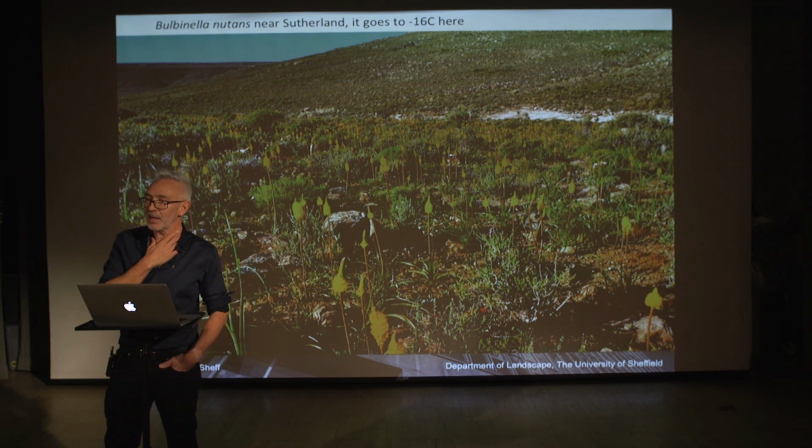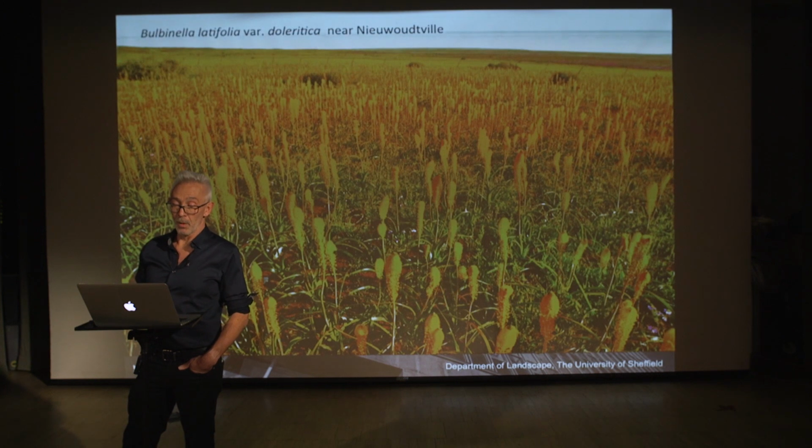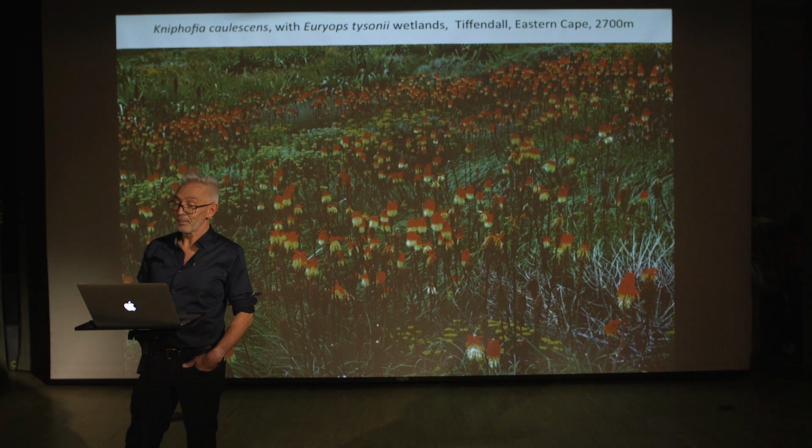There's a Met station, it's -16. That's centigrade. That's pretty damn cold. Or Bulbinella latifolia doloritica. So seeing these things, wow, what could I do with that? Or Niphophia caulescens in a bog in the Eastern Cape, at 2,700 meters.